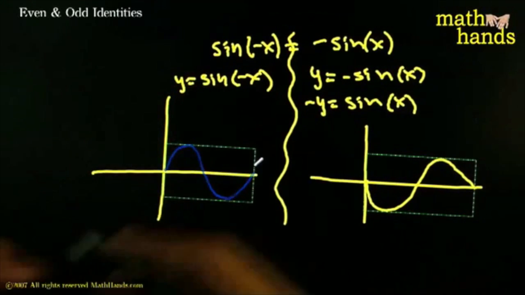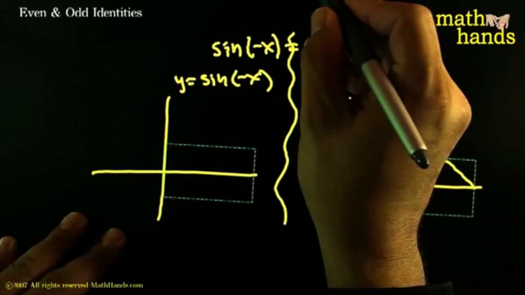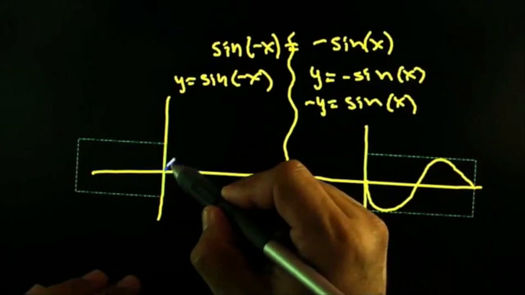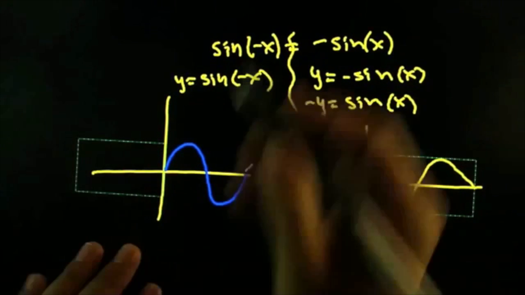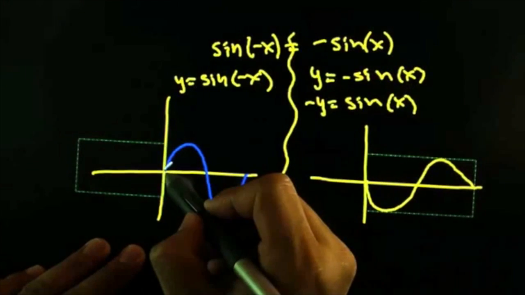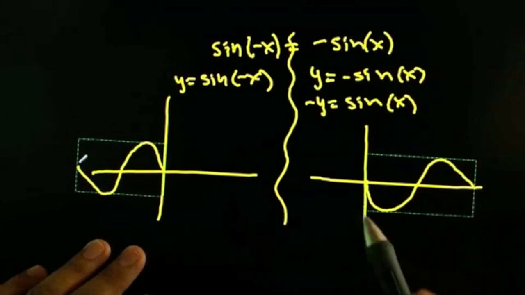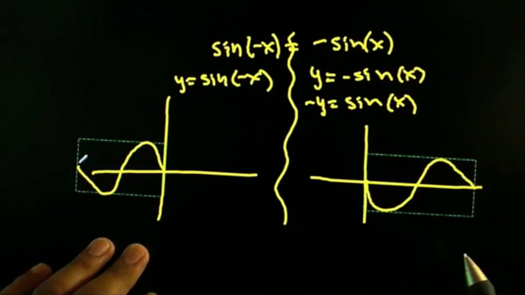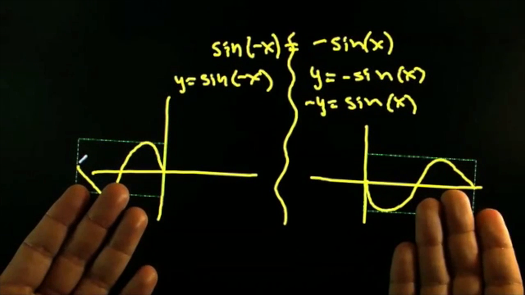It'll be a flip over the y. So remember, the original sine graph goes over here. If you flip it this way, the flipped version will become something like this. Okay? And so then the question is, are these convincingly equivalent graphs?